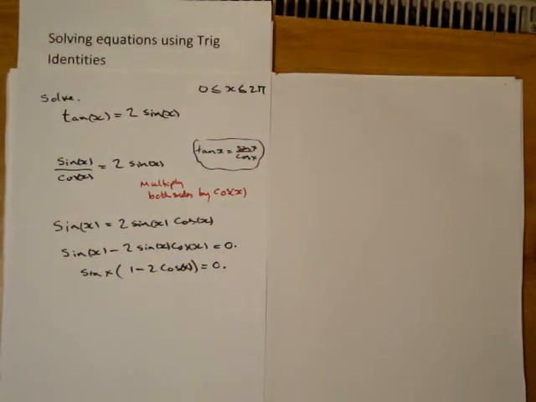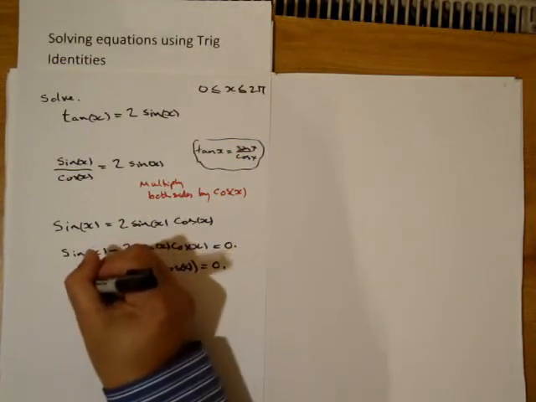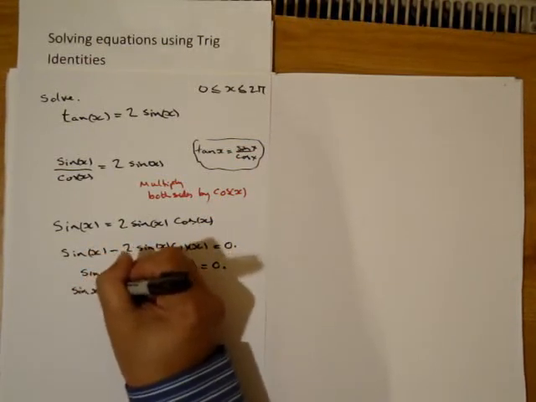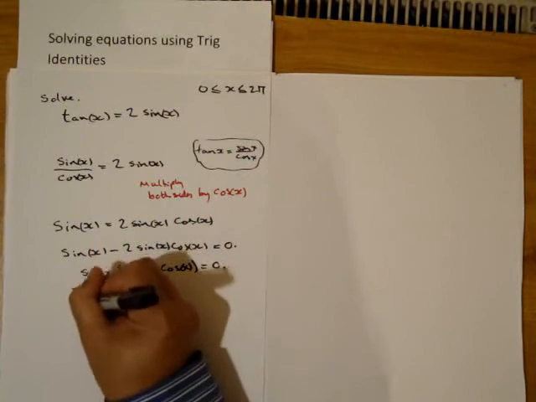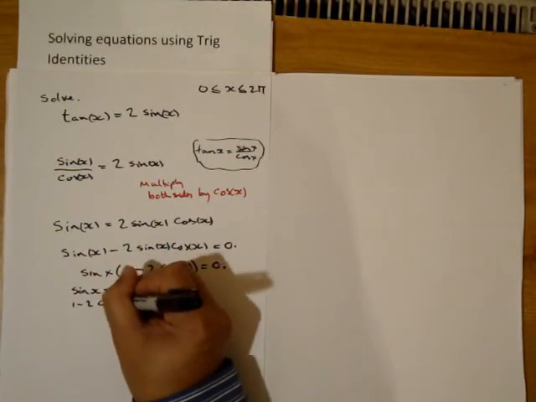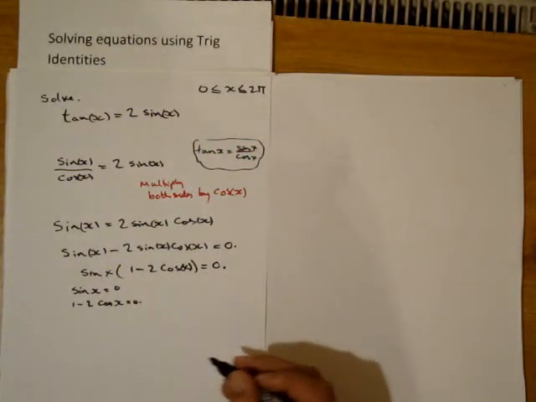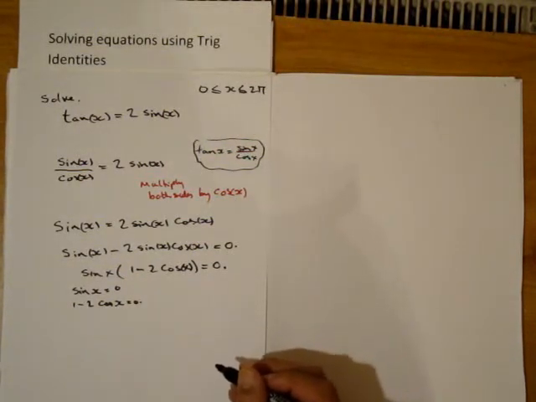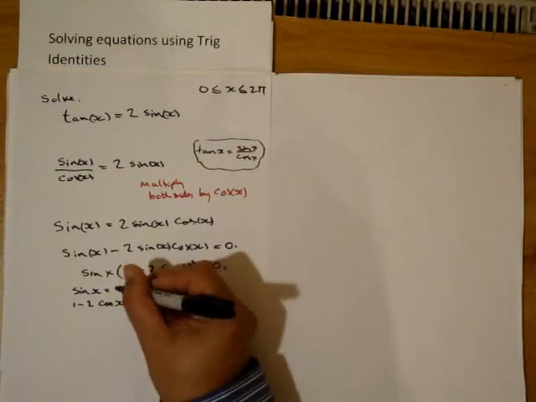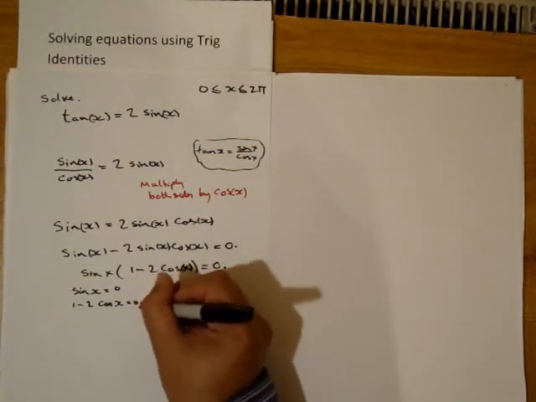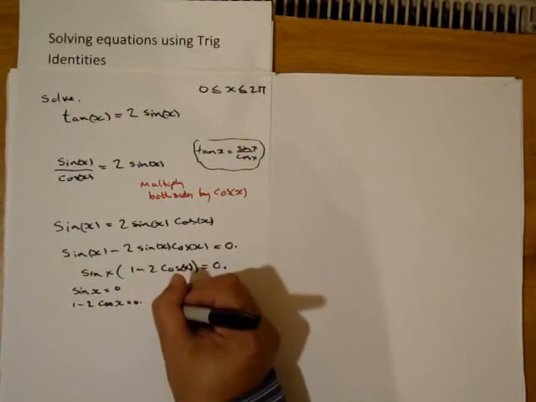So here we get sin x will equal 0, or 1 minus 2 cos x equals 0. So here we have sin x is equal to 0, and cos x will equal a half in this case.